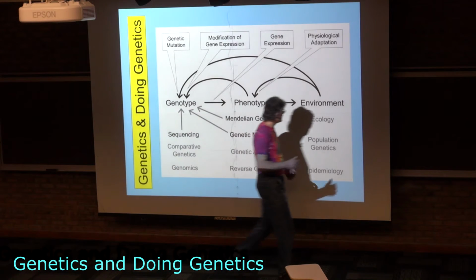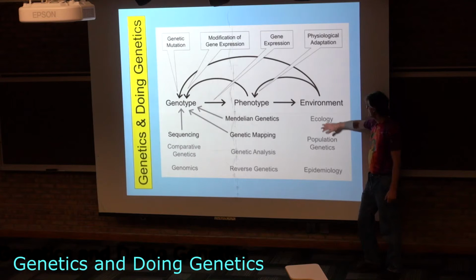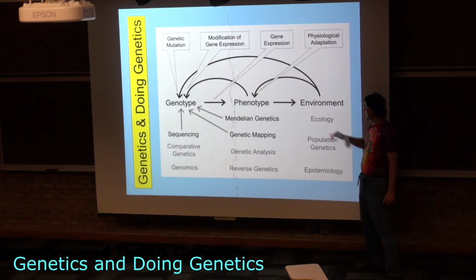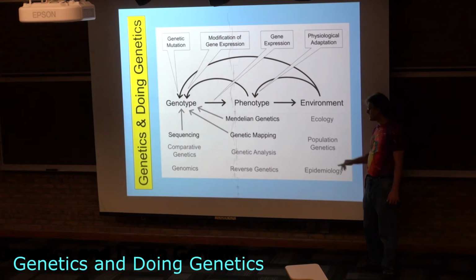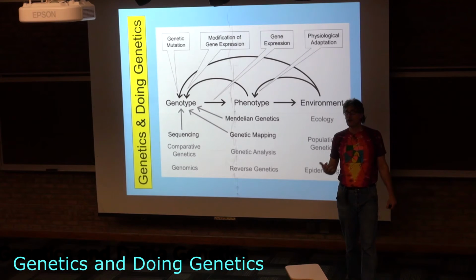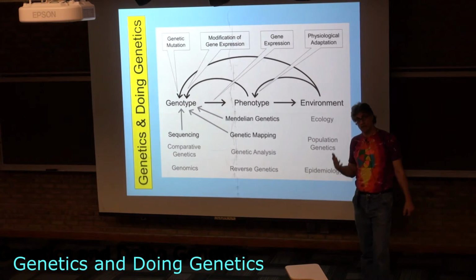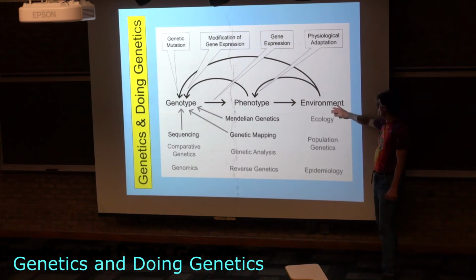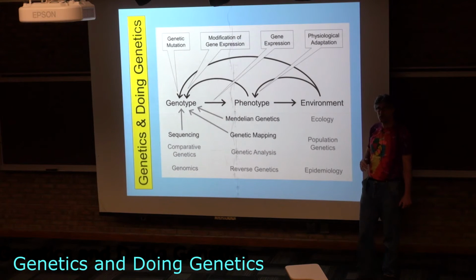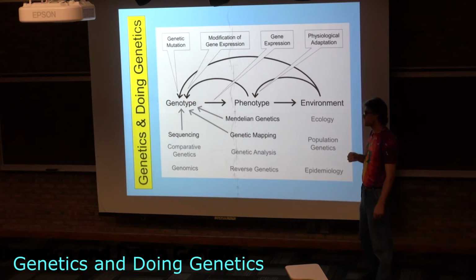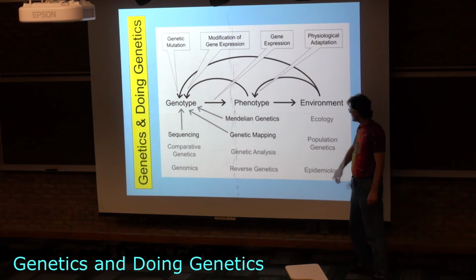Under the heading of environment, ecology is the study of the interaction between organisms and their environment, something we'll get to. Population genetics is a study of the interaction of the genes of organisms at population levels, particularly with environments, how allele frequencies, how different types of genes change in their frequency within populations.